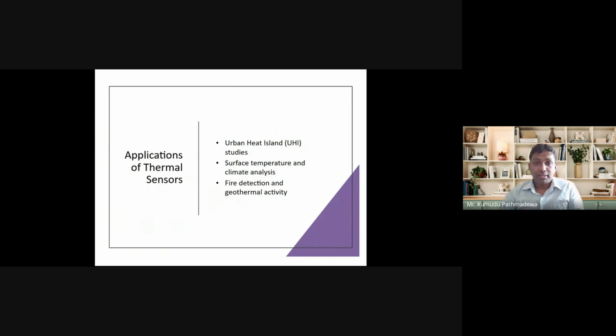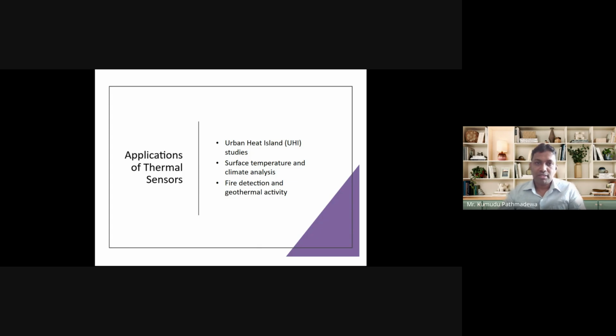Thermal infrared data can be used for urban heat island studies to identify the hot zones in cities. Surface temperature monitoring for climate and weather studies. Fire detection, volcanic activities, and geothermal energy exploration.